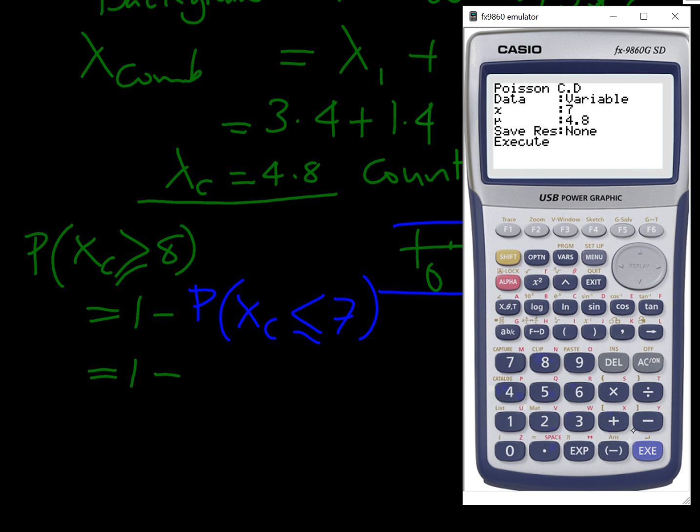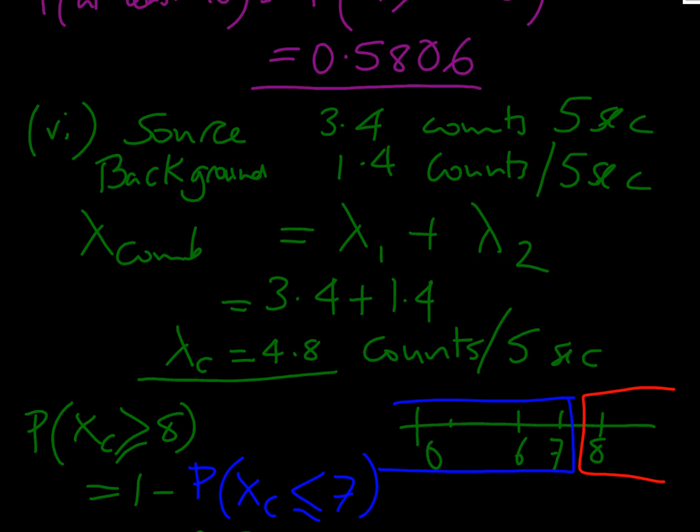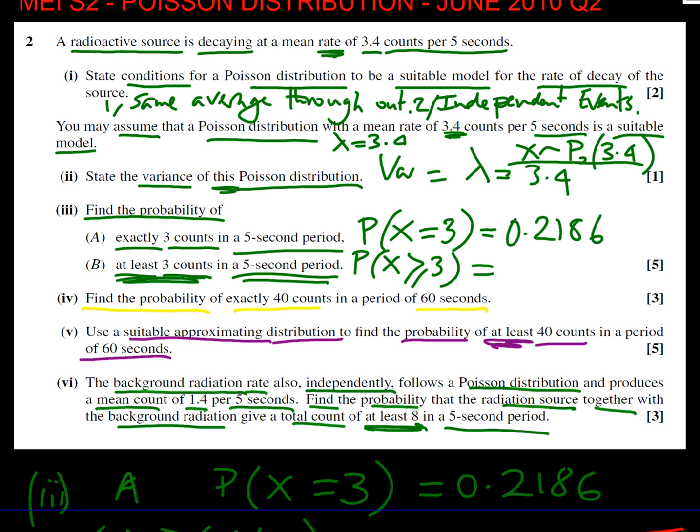It's 4.8. So here's our value, 0.8867. It was rounded to 4 dp, and that gives us an overall figure of 0.1133.